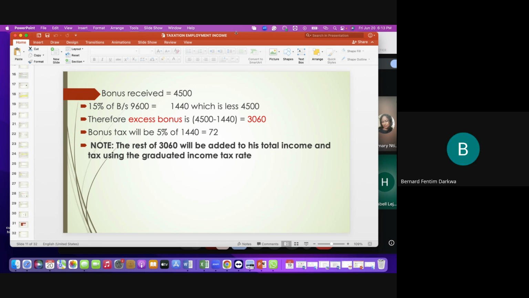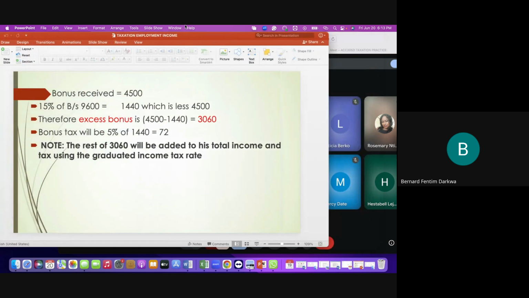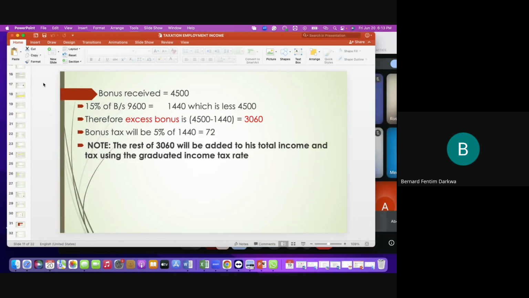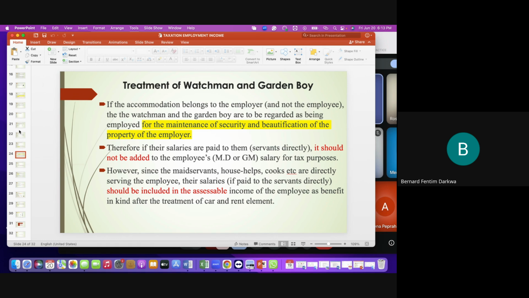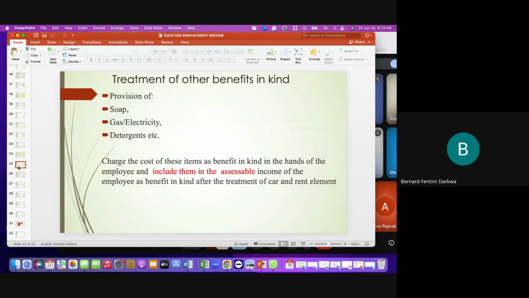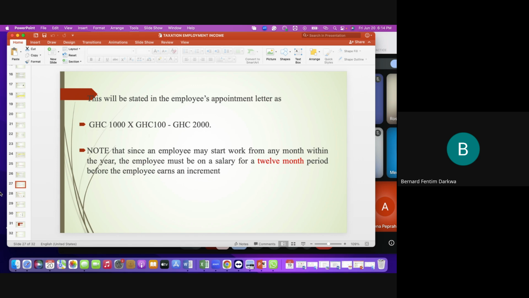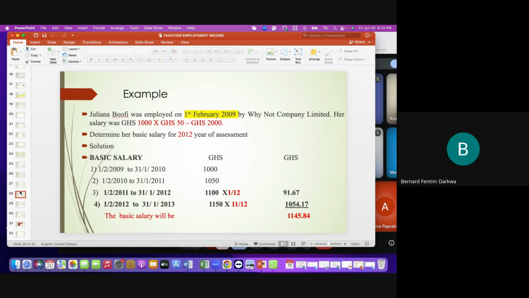Okay, so we did bonus calculation, right? We did bonus calculations. Then we also did the determination of basic salary, where I even asked you to calculate some basic salary from this.